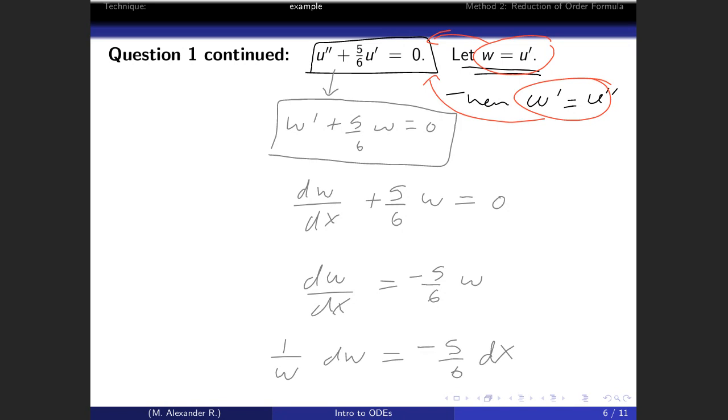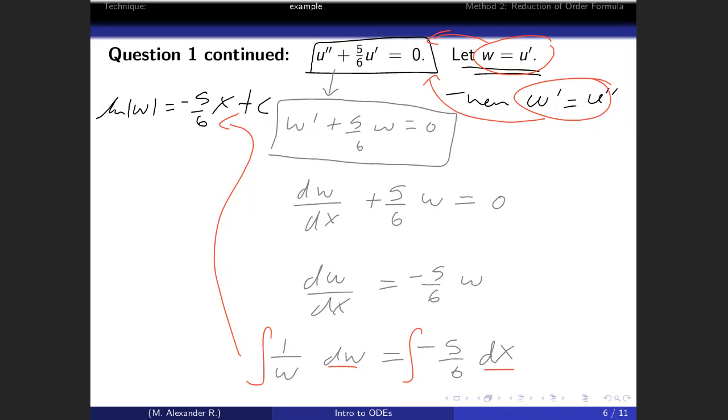The next step is to integrate both sides, but we have to be careful that we integrate with respect to w on the left side and with respect to x on the right side. When we do this, we get ln of w equal to negative 5/6 x, and then plus a constant.